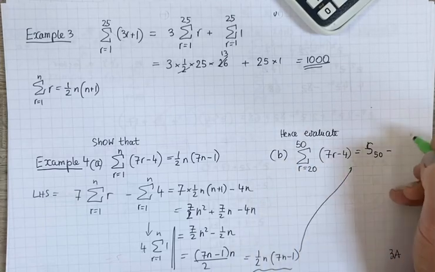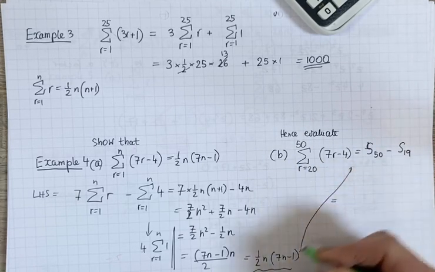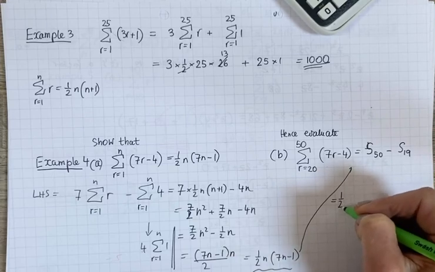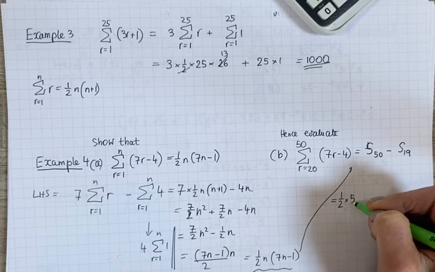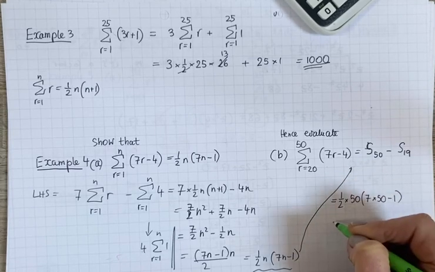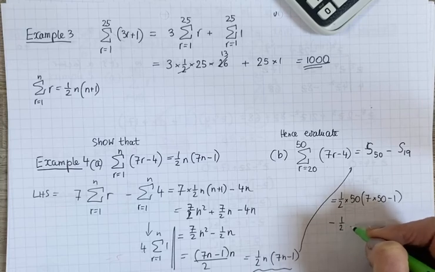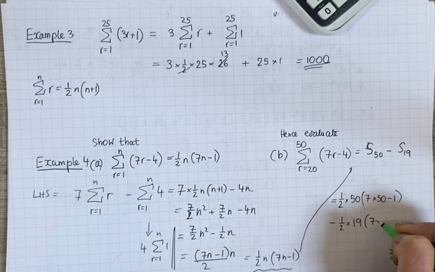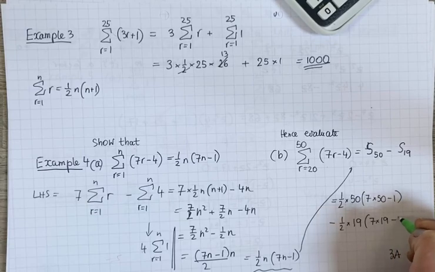So you don't want the first initial 19. So we're going to put 50 into the first one, and that would be the sum of all the terms from the first to the 50th. And then we're going to get rid of the initial 19. So it's 7 times 19 minus 1.